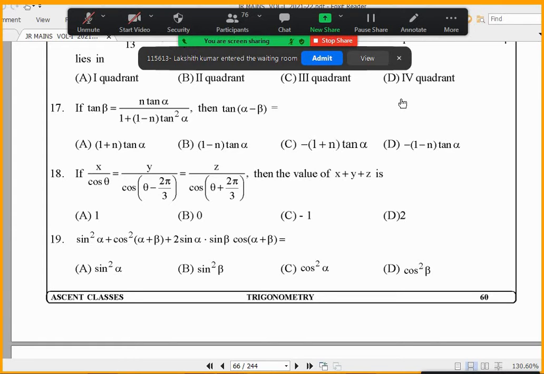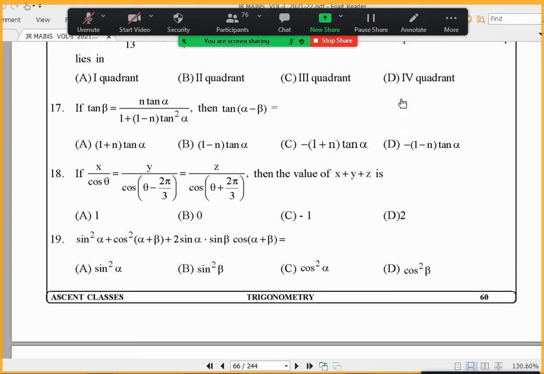Okay, 19th question. It is sin square alpha plus cos square alpha plus beta plus 2 sin alpha sin beta cos alpha plus beta.